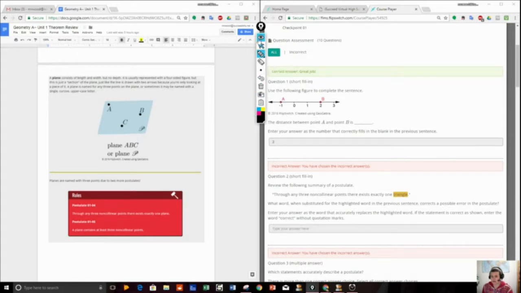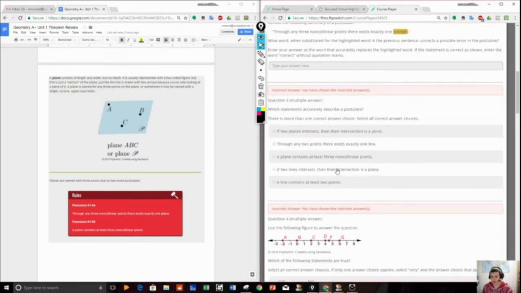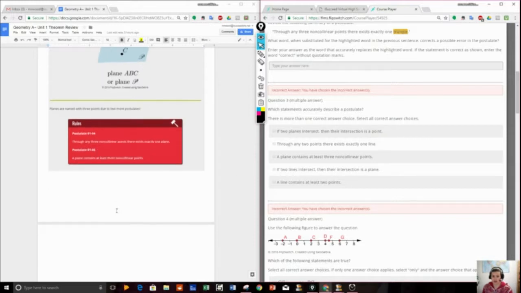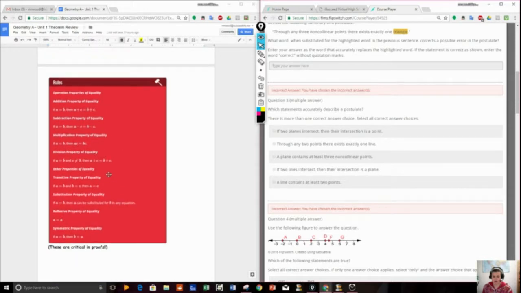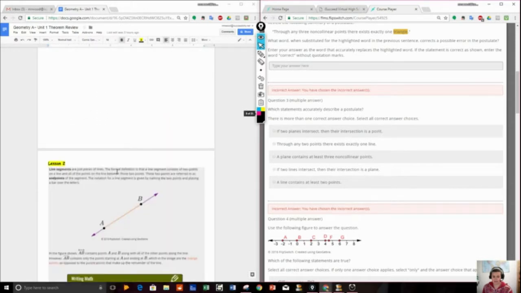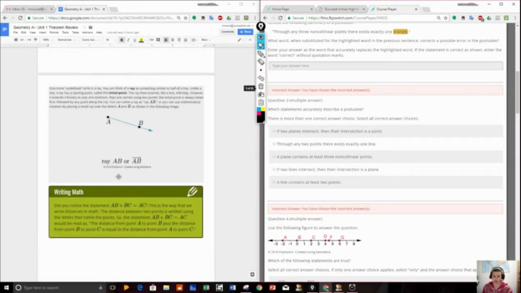Question 3. Which statement accurately describes a postulate? There is more than one correct answer choice. Select all answer choices. Okay, so if two planes intersect, then their intersection is a point. So I would check back through my postulates, which are the red ones. Nope, that jumps to lesson 2. This one is operation of equalities.